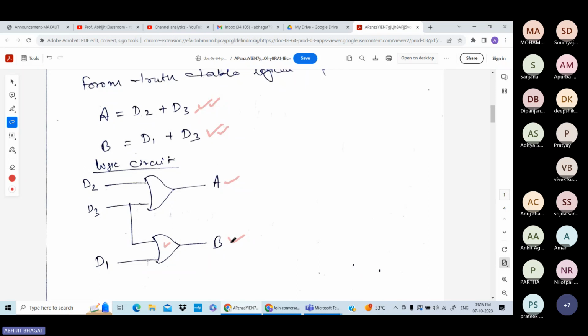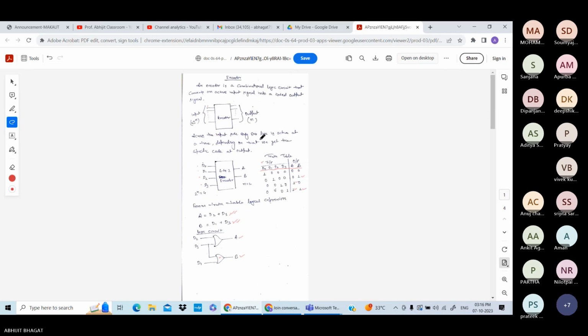You will get B. This is the logic circuit for A and B. Up to this, is it okay, everyone? Up to this clear?